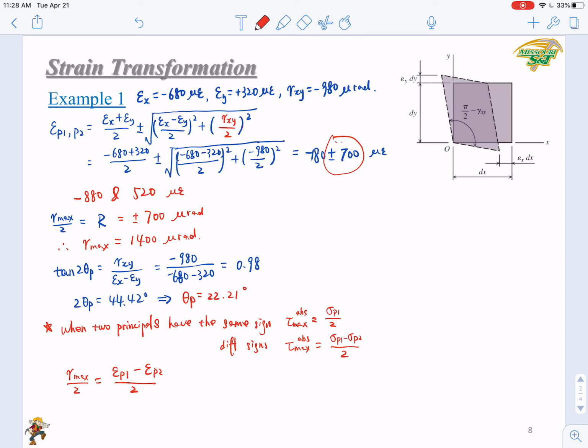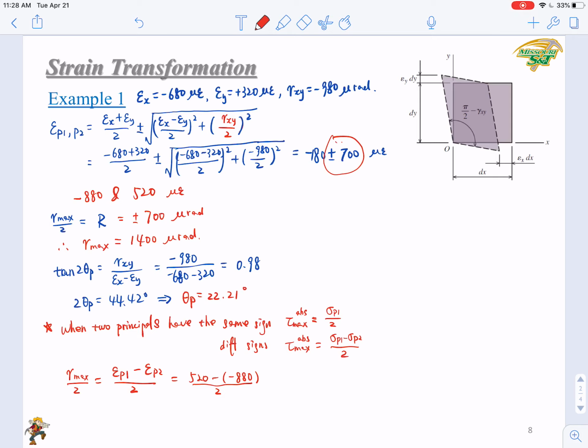So you get 520 minus negative 880, over 2.